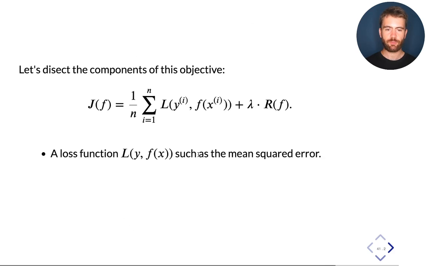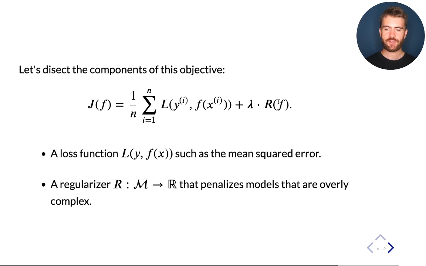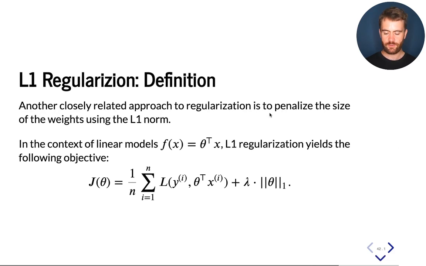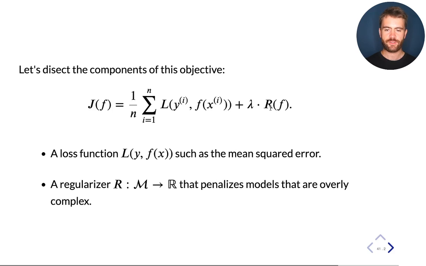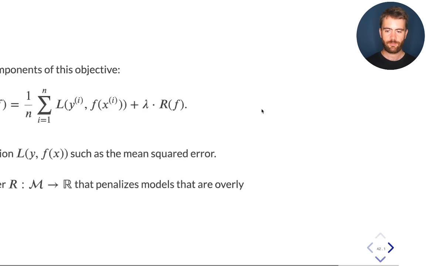Again, looking at these different components, we have a standard machine learning loss, which could be something like the mean squared error. And then we have this extra regularizer, and the strength of this regularizer is controlled by this extra parameter lambda.